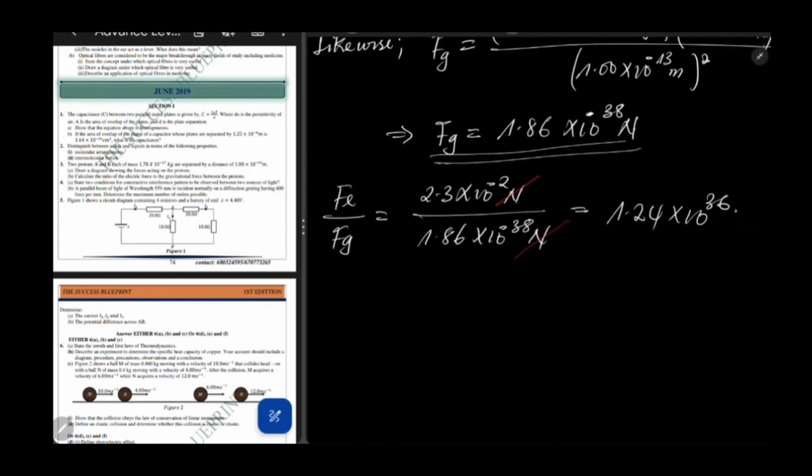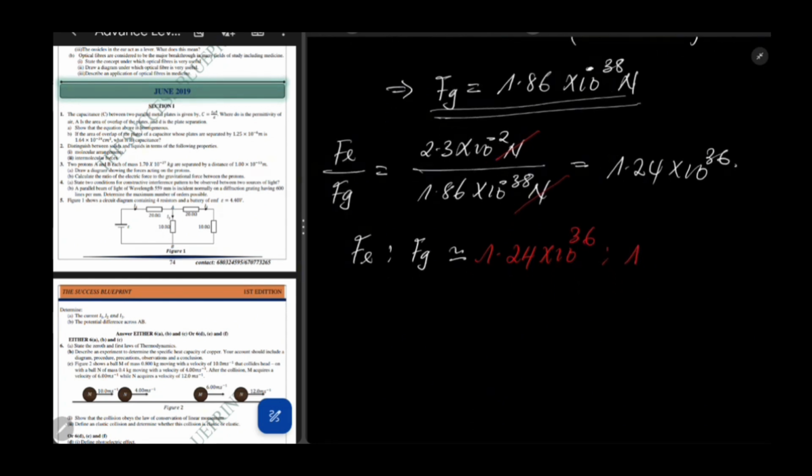So we can therefore see that the ratio of Fe to Fg is approximately 1.24 times 10 to the power 36 to 1. This tells us that the electric force Fe is far greater than the gravitational force between two protons or between two charged particles. That said, let's move over to question 4.